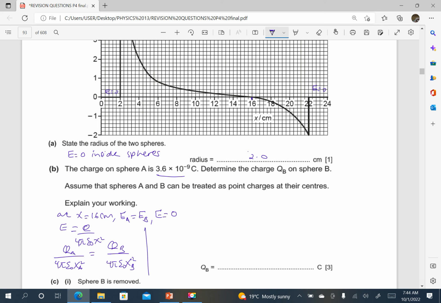So when we combine this, 4 pi epsilon naught has cancelled. So you have QA, which is 3.6 times 10 power negative 19 divided by XA squared. I don't think I need to convert, but for clarity, let it be 0.16 squared. For QB, which is what we want to find, divided by the distance, 24 minus 16 from the center, which is 8.